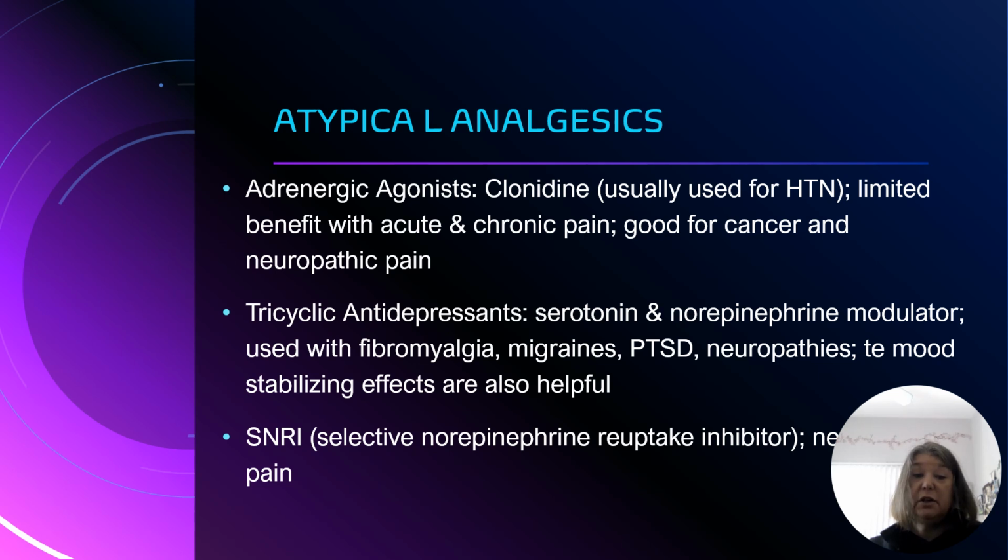They may also use tricyclic antidepressants and selective norepinephrine reuptake inhibitors, SNRIs. So tricyclics comprise a large class of medications that modulate the effects of serotonin and the related neurotransmitter norepinephrine in the CNS. So this was actually first used to treat mood disorders and major depression back in the 60s.